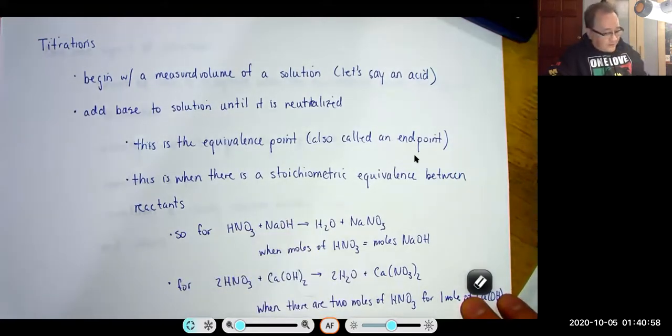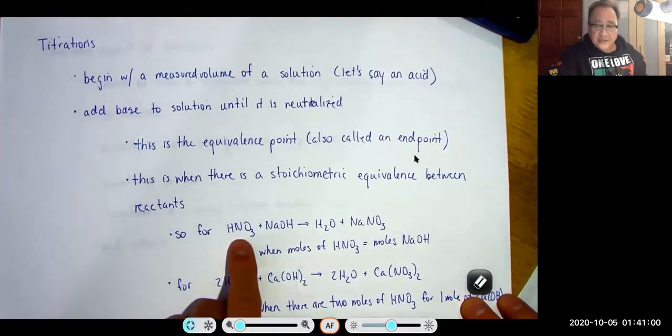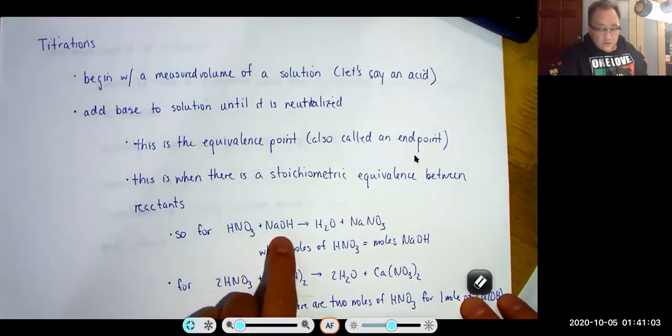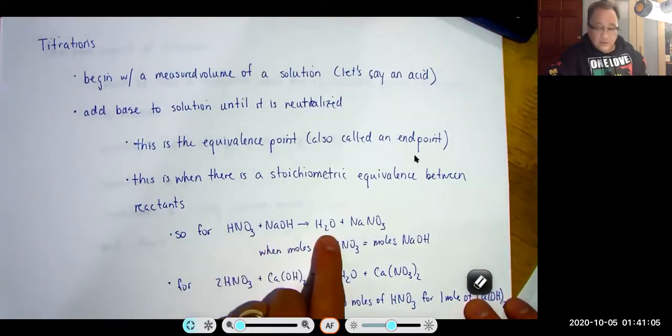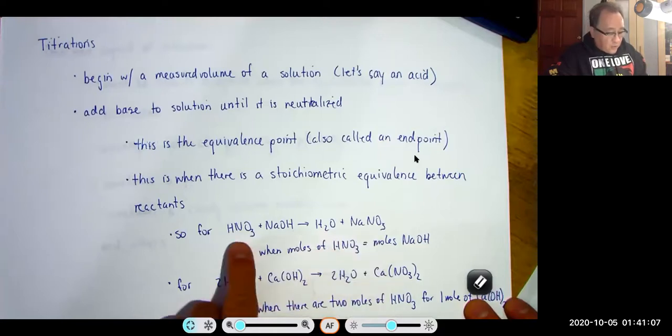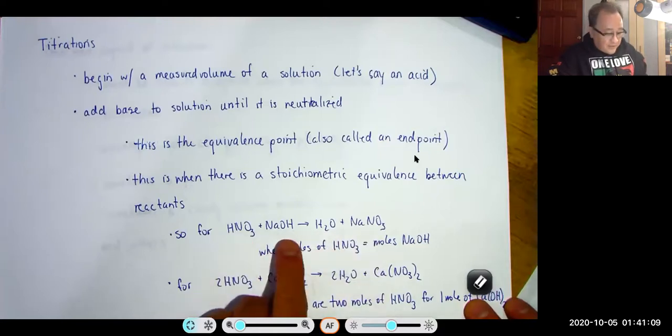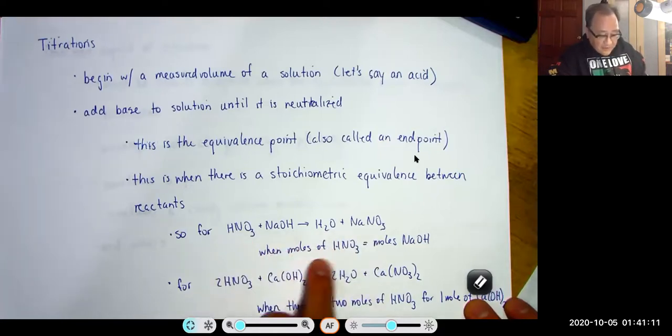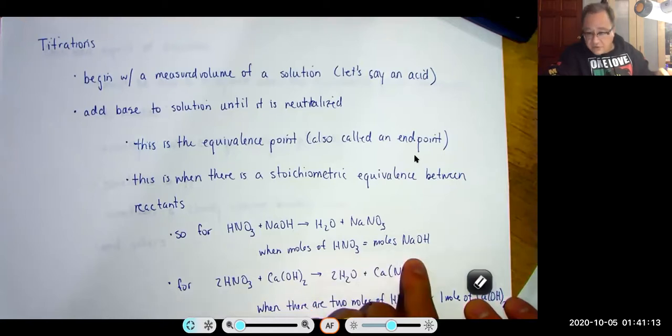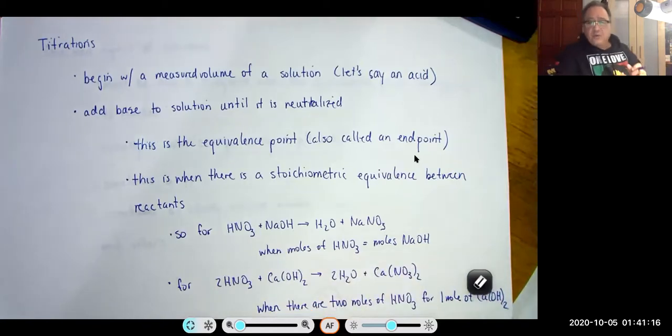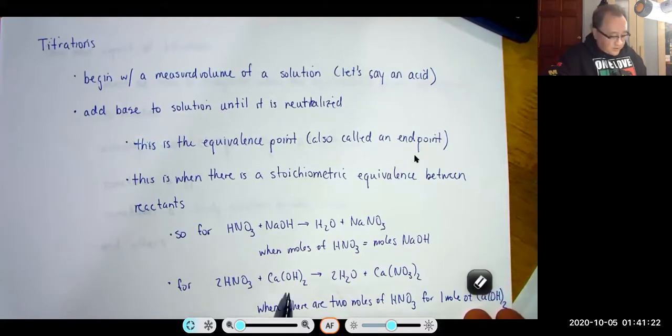For instance, in this reaction between this acid, nitric acid, and this base, sodium hydroxide, to make water and sodium nitrate, the ratios are 1 part acid to 1 part base, or 1 mole of nitric acid to 1 mole of sodium hydroxide. That's the equivalence point, 1-to-1 ratio. But suppose we had nitric acid reacting with calcium hydroxide.